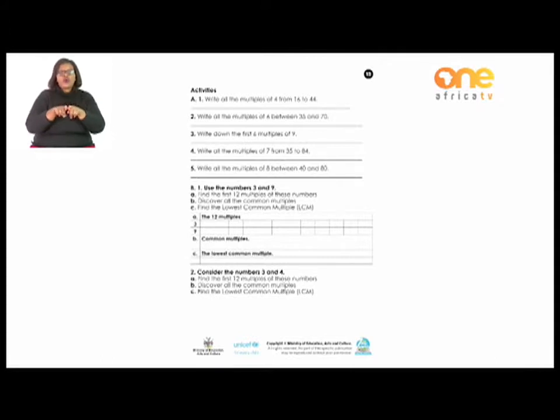In number 2, we have to find the LCM of 3 and 4. Again, find the first 12 multiples of these numbers. B says you have to discover all the common multiples, and C, you are expected to find the lowest common multiple. Then we continue on page 16.